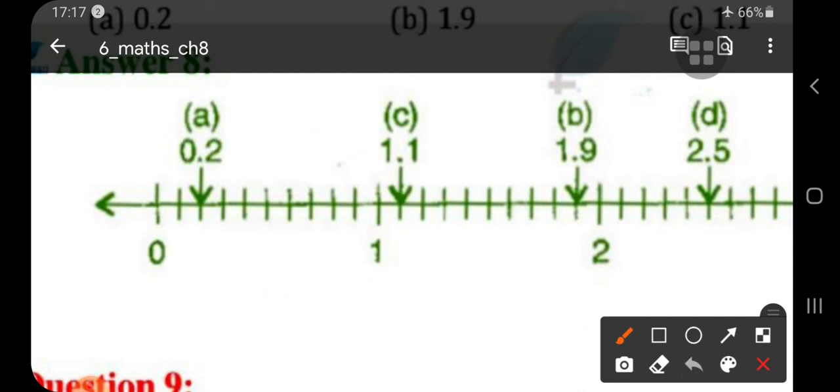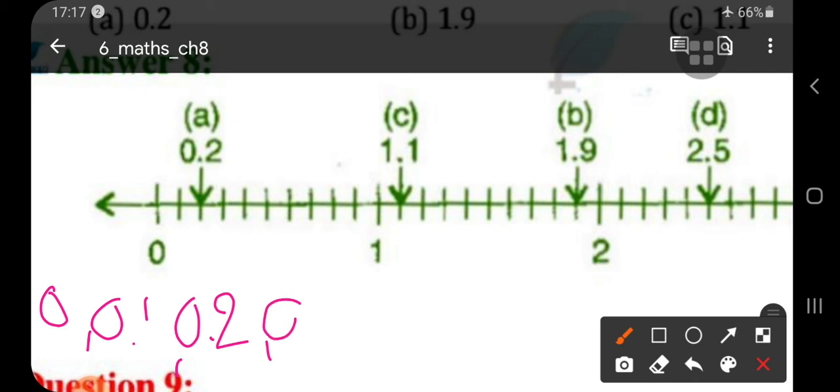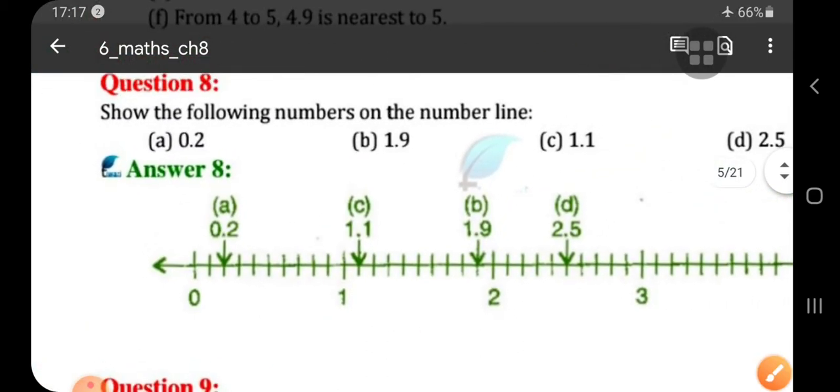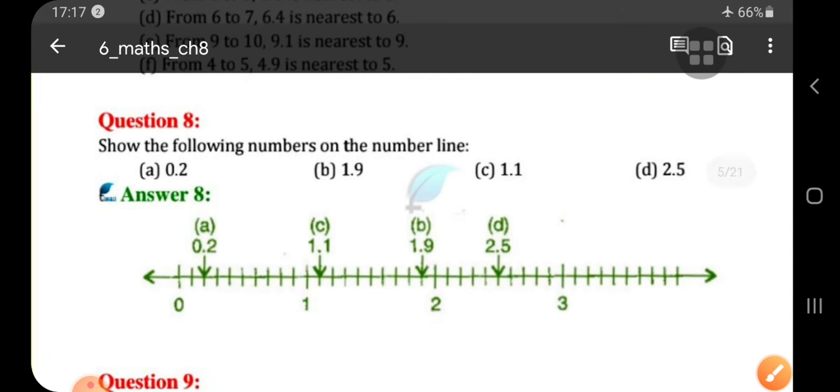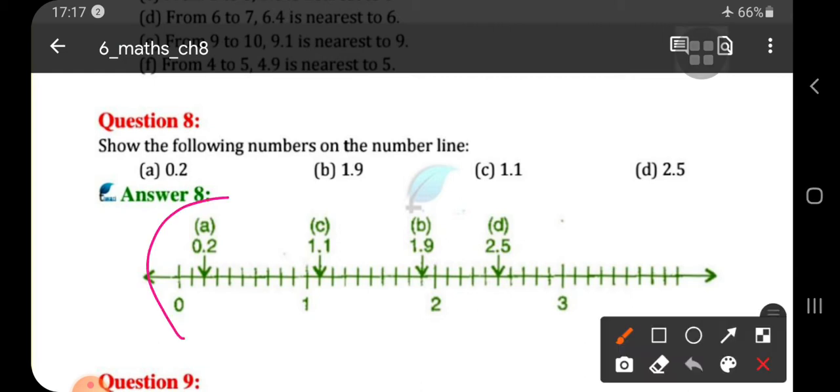This part you have to divide into 10 equal parts, because as I have told, 0, then 0.1, 0.2, then 0.3 up to 1. Okay, and here decimal numbers are given. That's why we have to divide this portion into 10 equal parts.